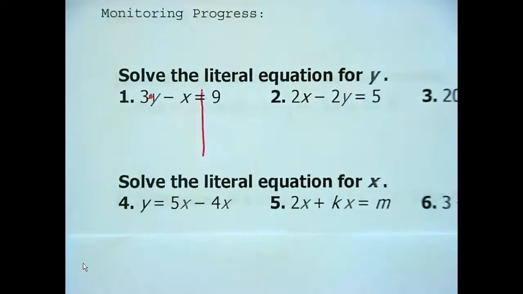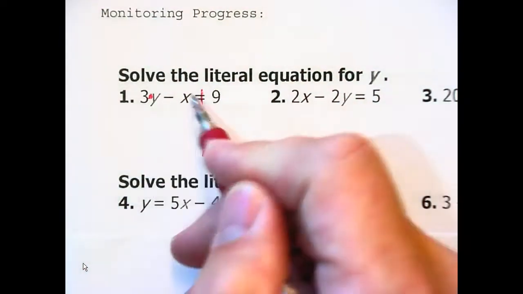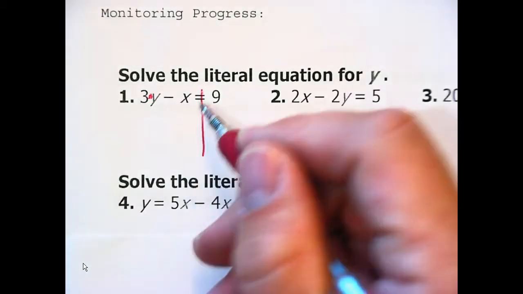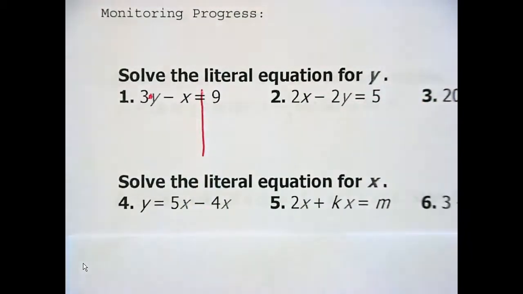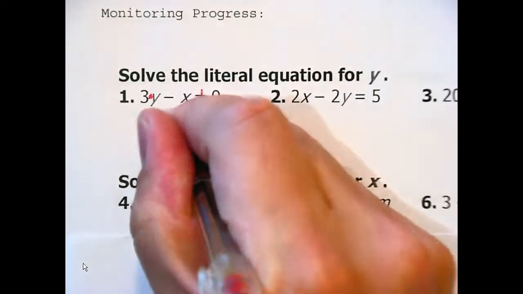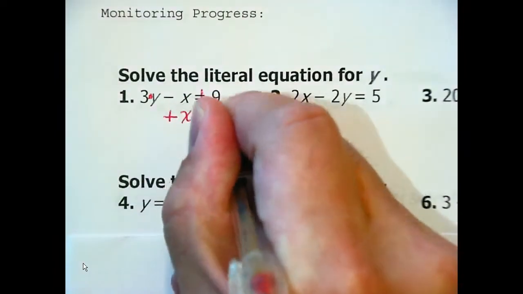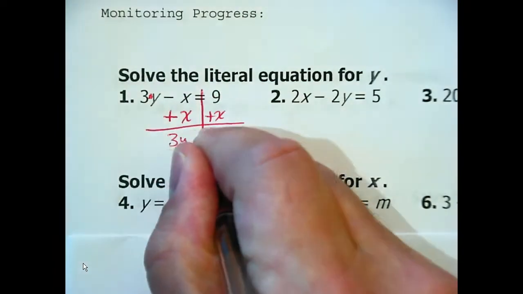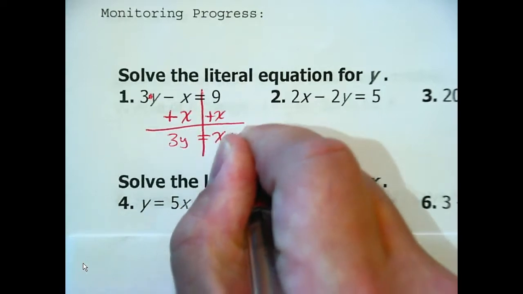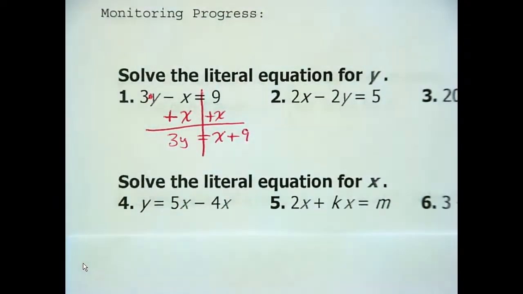We kind of do reverse order of operations when we're solving equations. So normally you multiply first, but when you're solving an equation, you go the opposite. You deal with the addition and subtraction first. So how am I going to get rid of X? You add it, yes. They're subtracting it, so you add it. Now I'm left with 3y equals x plus 9. I cannot put x and 9 together because they're not like terms.